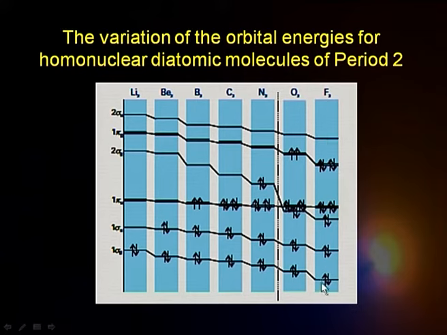Now, when I move from fluorine to oxygen to nitrogen and so on, to smaller elements, as I just mentioned, the delta E values, the energies of the 2s orbital and 2pz orbital, are not very far from each other, whereby these two orbitals can mix with one another.